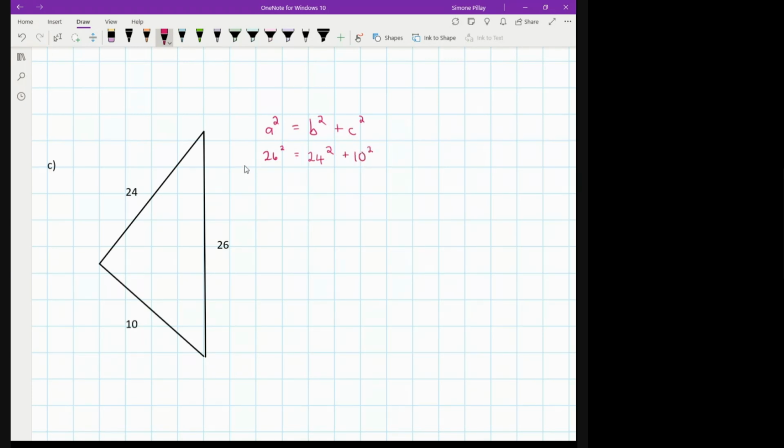So, ma'am, our answer is going to be 676 is equal to 576 plus 100. Then we're going to say 676 is equal to 676, which is therefore triangle ABC is a right angle triangle.